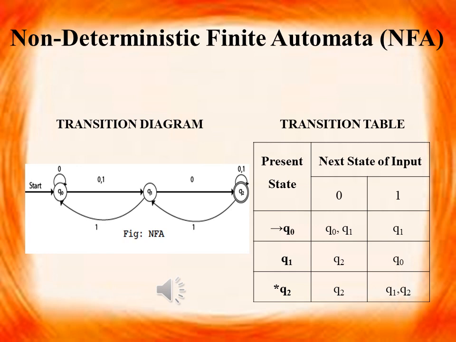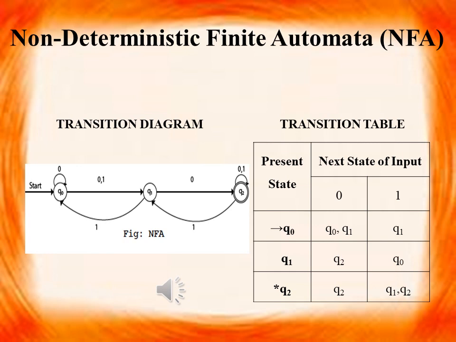And Q1 gives the input value 0 to Q2, and Q1 gives the input value 1 to Q0. So we are writing Q0 in this table. Next, Q2 gives the input value 0 to a self loop of 0 as well as 1.